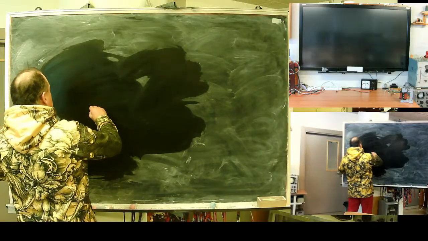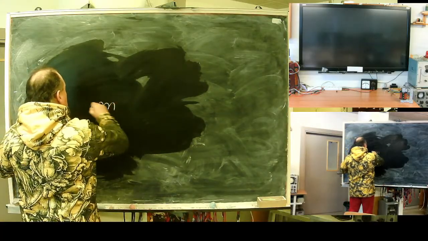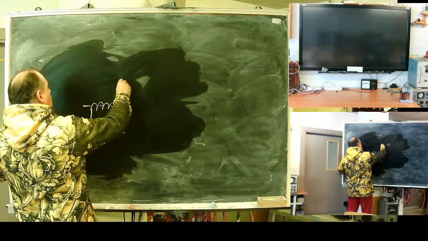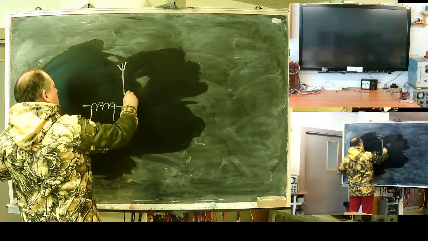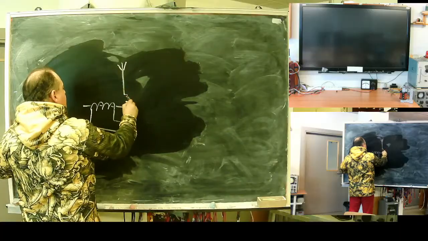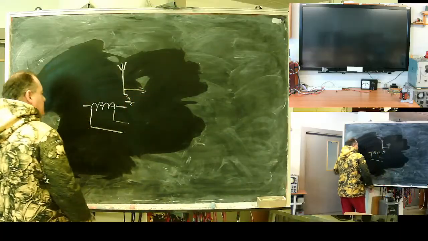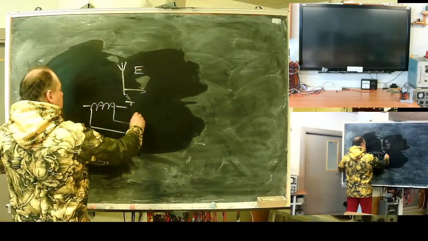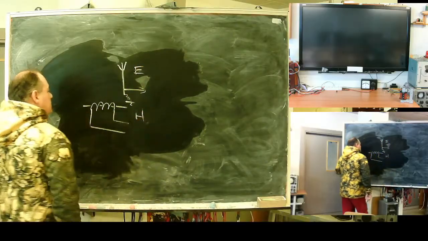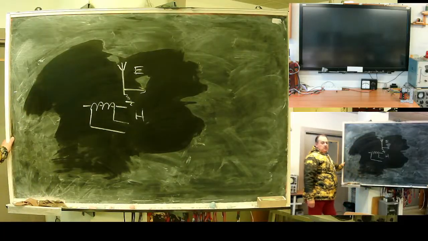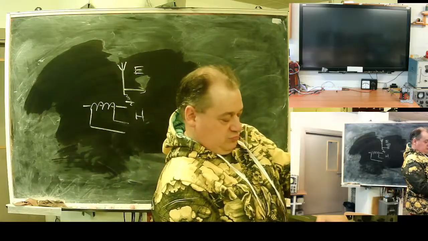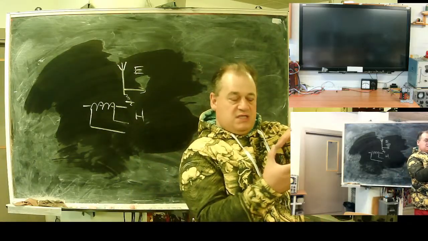You have something like a coil and an antenna. This will sense the E component of the field. This will sense the H component. All devices have them in a size like this.